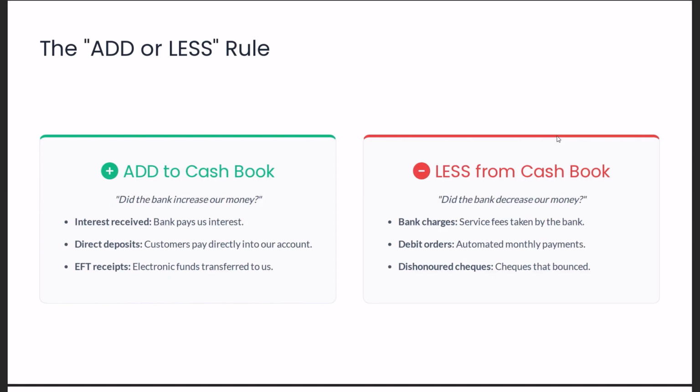These types of money could be the interest received. It could be the deposits from customers that transferred money using EFTs. And it could also be deposits.